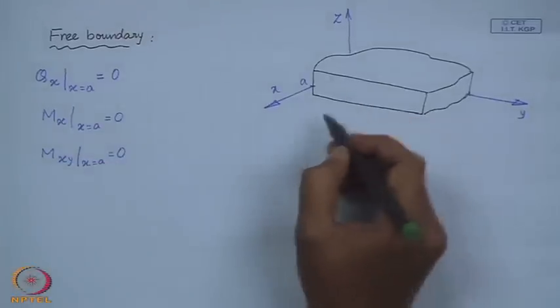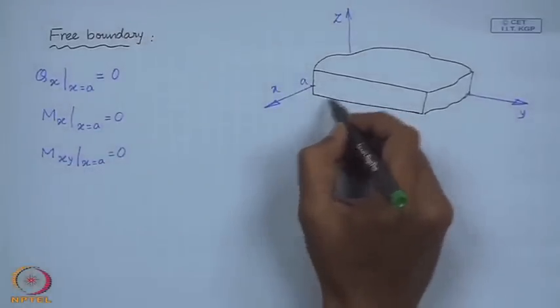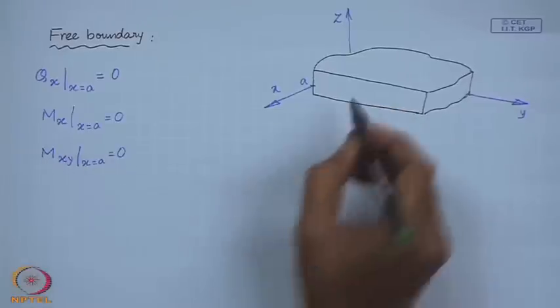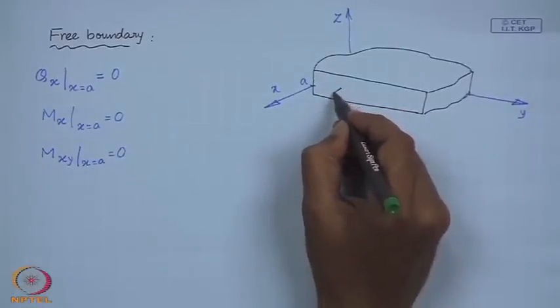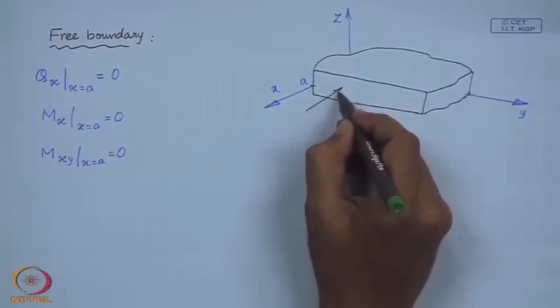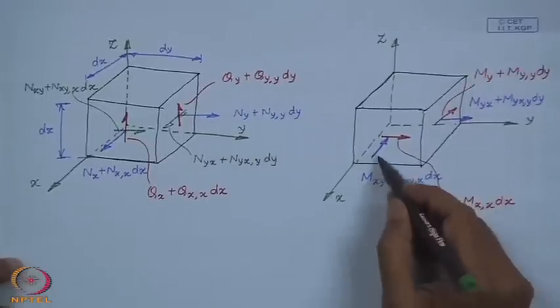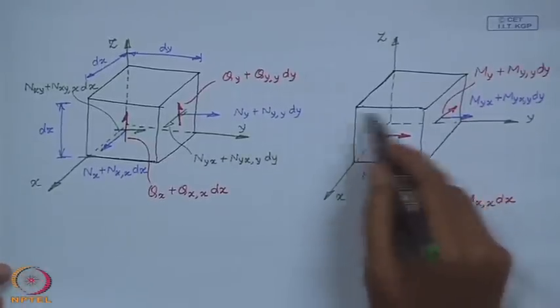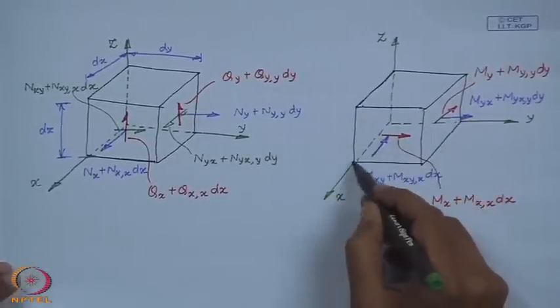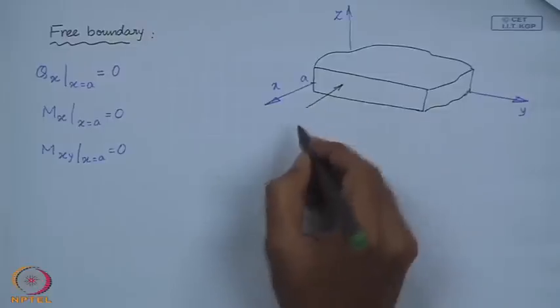So, let us see this m x y. Let me refer to this figure once again. This was m x y on this face, let us say at x equal to a.